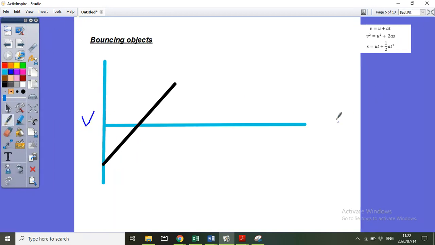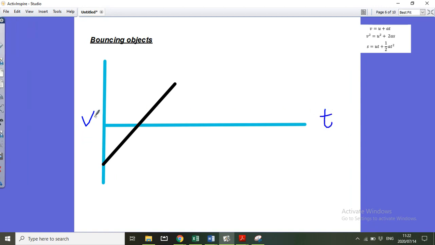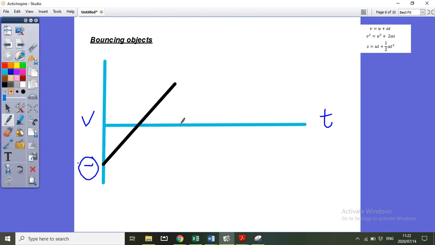Please remember, even if it's a sketch graph that you have to draw, you still have to label your axes. So it starts with the velocity, and we decided that up is negative here because we started with a negative velocity. So up is negative.